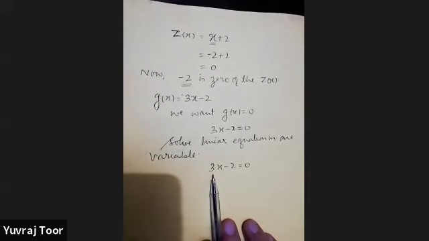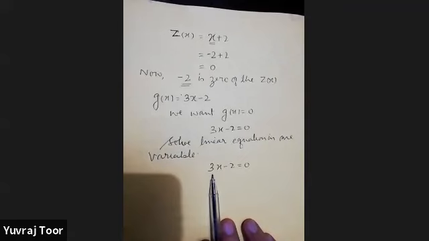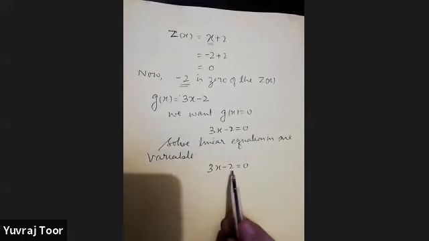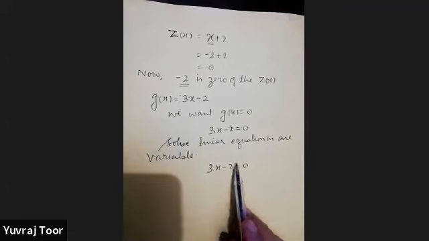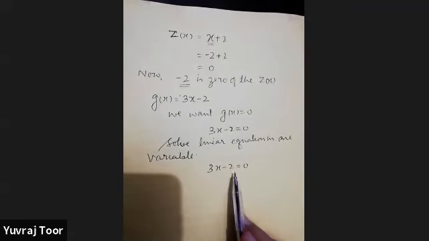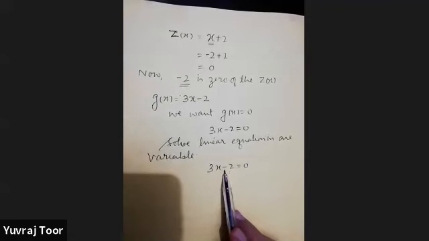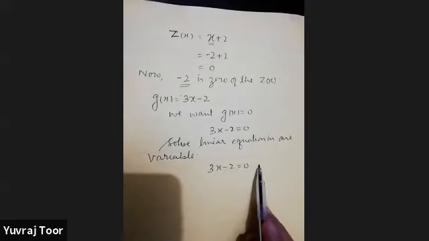If you look at 3, 3 is not operating with the whole side. It is doing multiplication with x only, so it is not operating with the side. But if you look at 2, 2 is subtracting from the expression. So 2 is eligible to go on that side, and what it's doing, it is subtracting, so it will add on the other side.